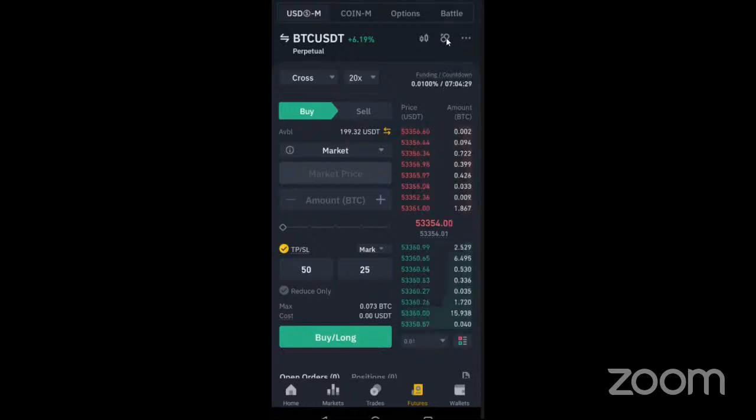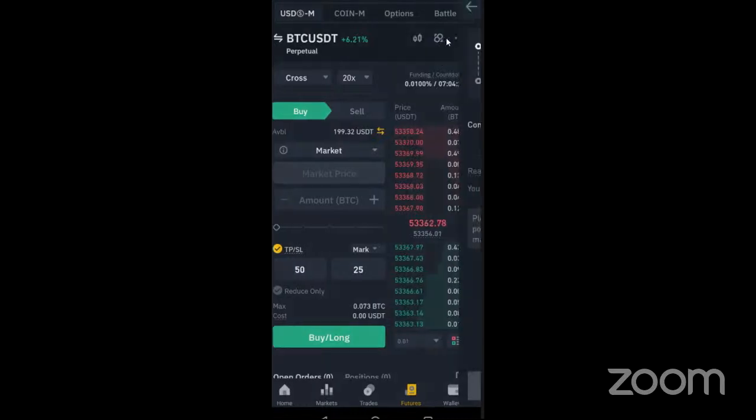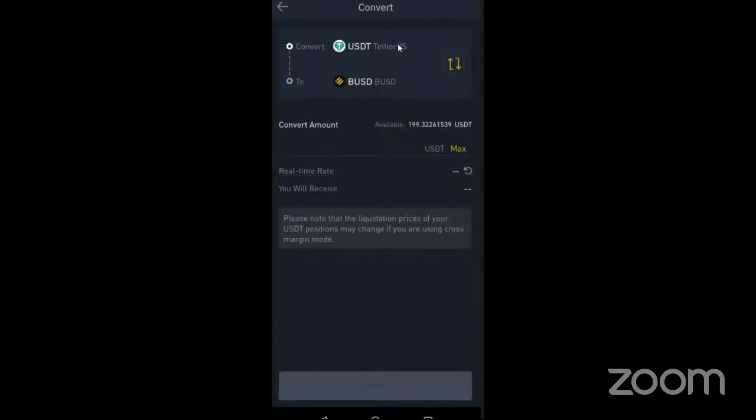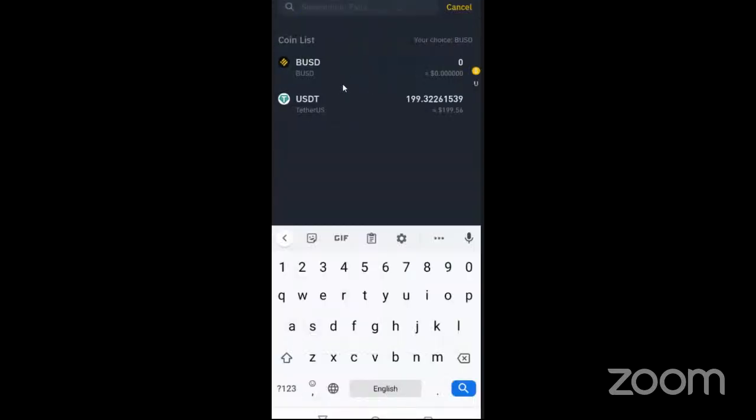And then the next one that you can see right here, just click on it and you see that you can immediately convert your USDT to Ethereum or whatsoever you want to convert it to. You can do that on that spot right there.